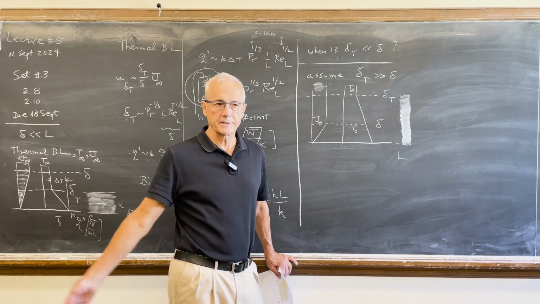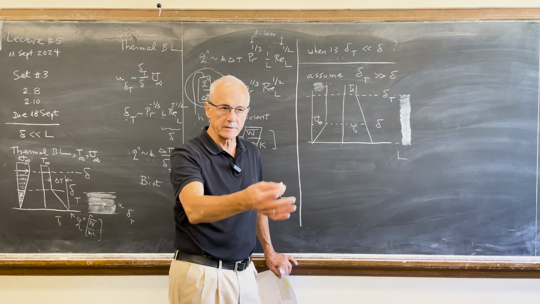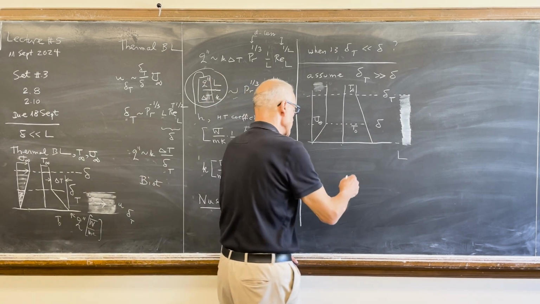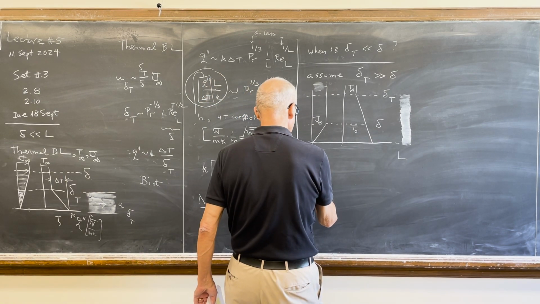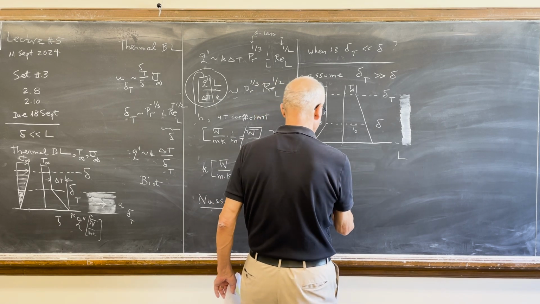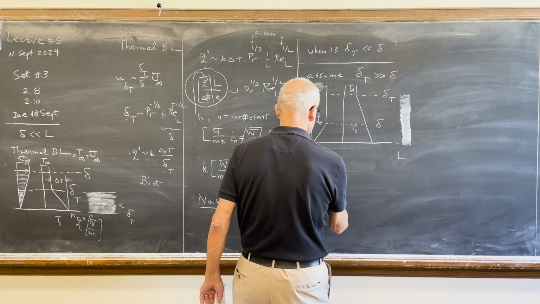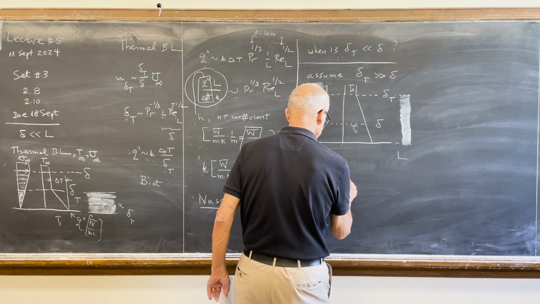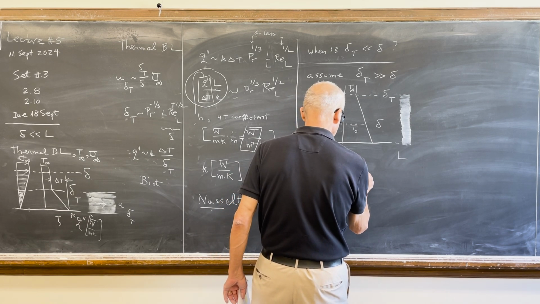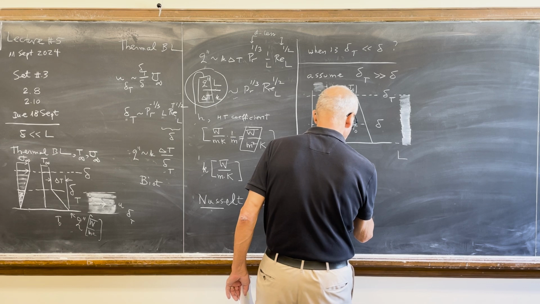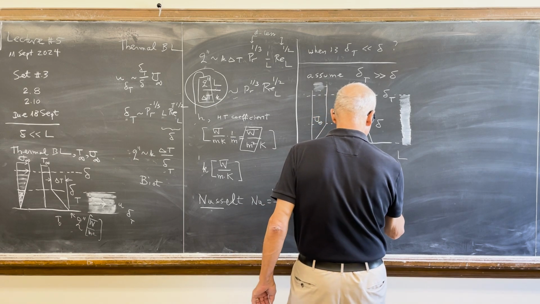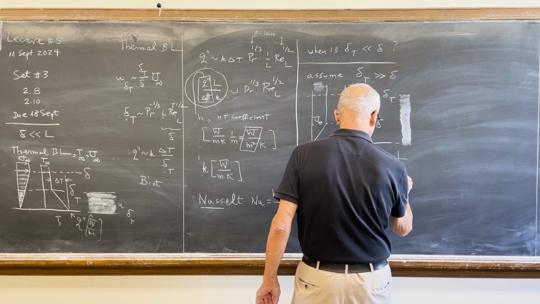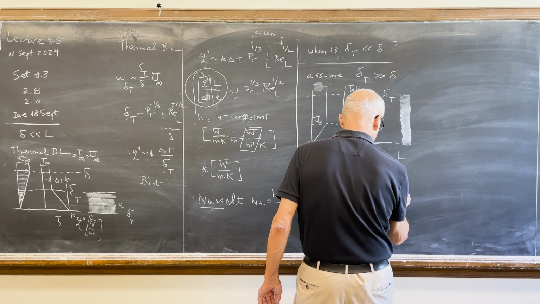And in that region, the governing equations are, of course, valid everywhere, including in this region. So the energy equation is, well, anyway, it's steady state: u dT/dx plus v dT/dy equals alpha d2T/dy2.